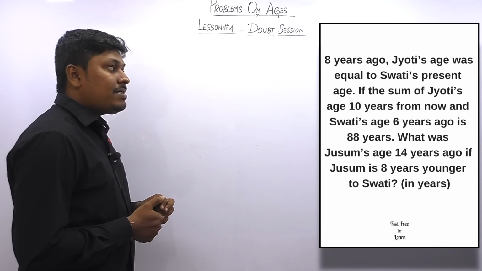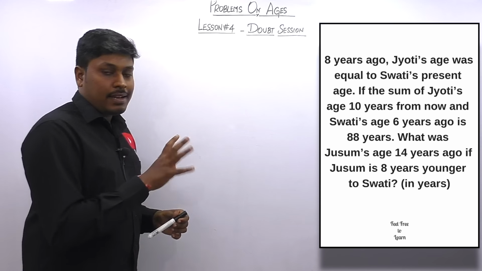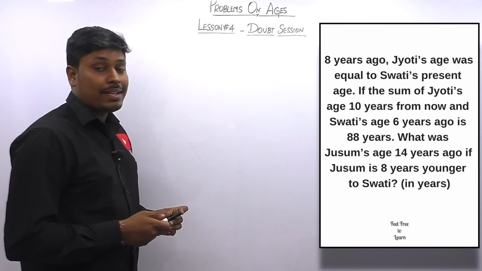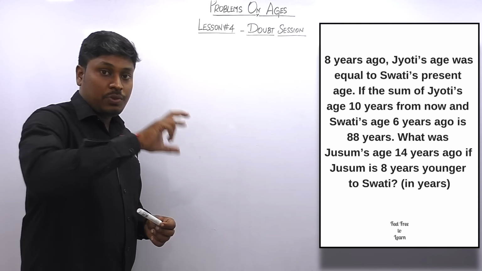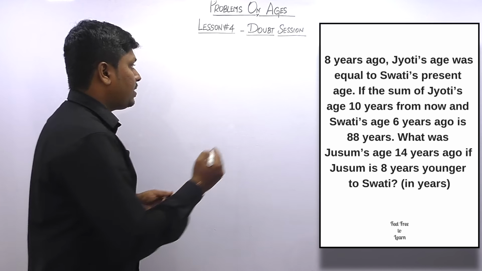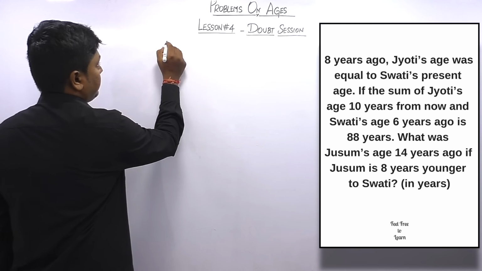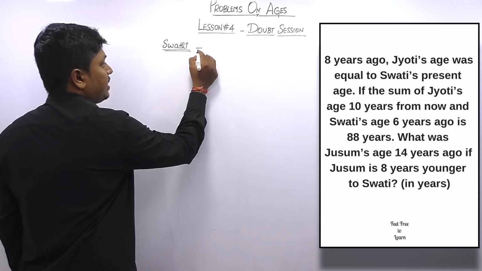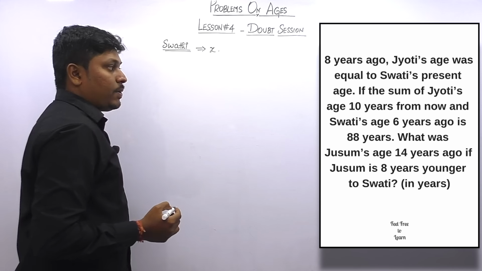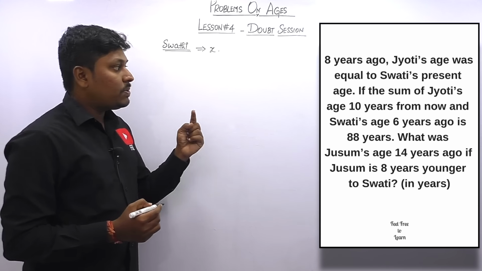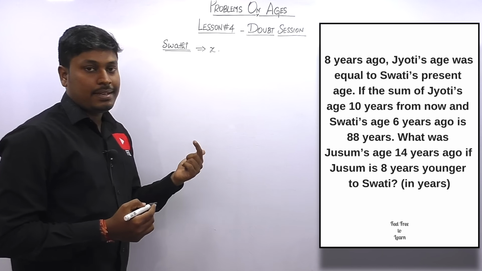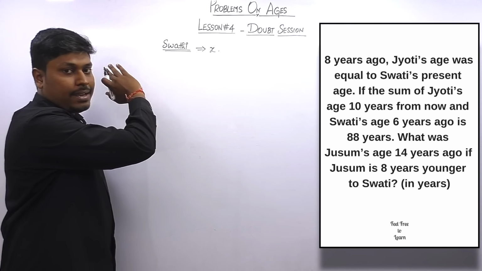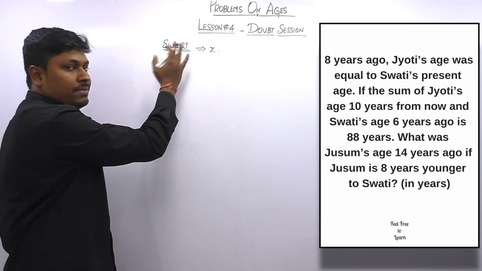Okay, so initially what they are saying is 8 years ago, right? They are talking about the past. 8 years ago, Jyoti's age was equal to Swati's present age. So first, Jyoti's age is compared with Swati. Let me keep Swati's present age as x. What we usually do, we will subtract 8 for the past, so from the past to the present, we add 8.